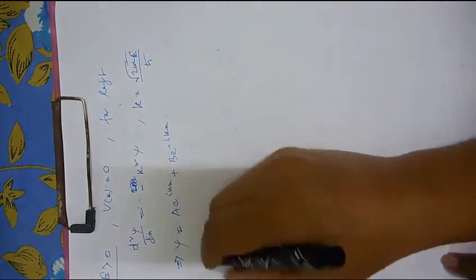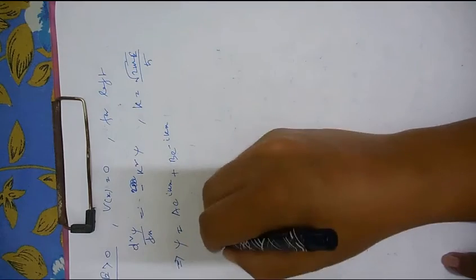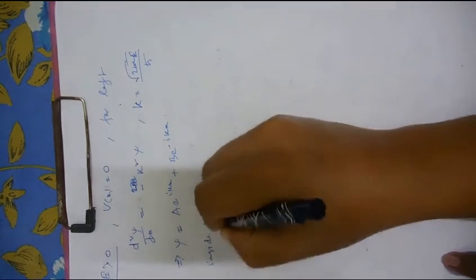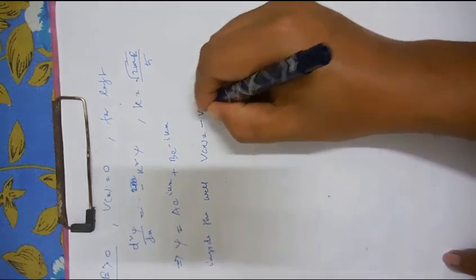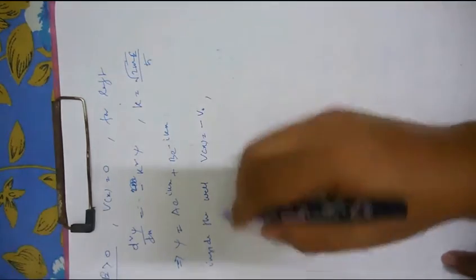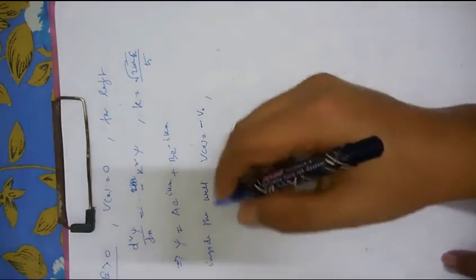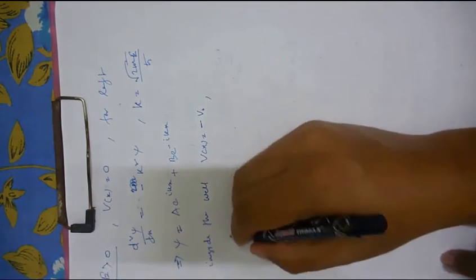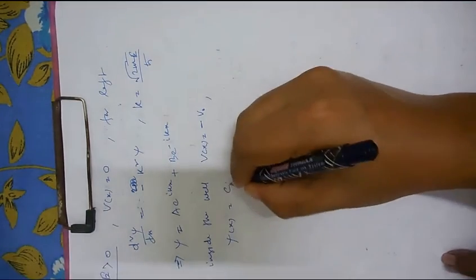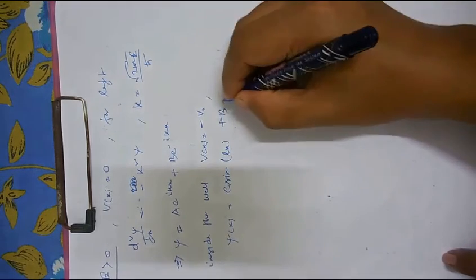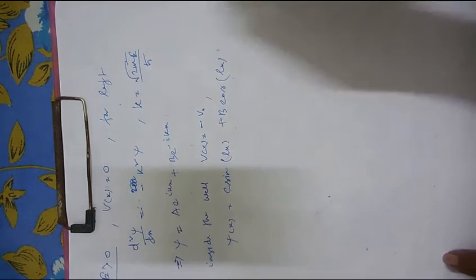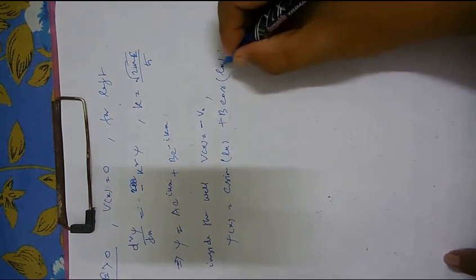Now inside the well, V(x) equals minus V0. What we have got in the previous section, likewise we will get the solution. I am writing this directly, as it is in the previous section.